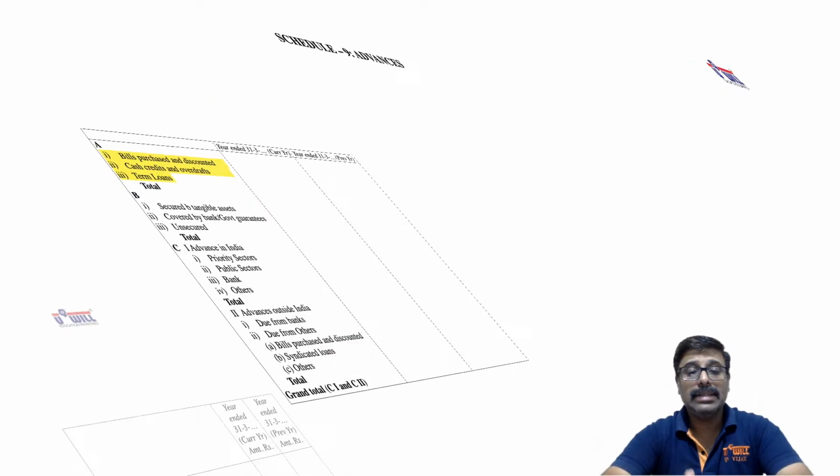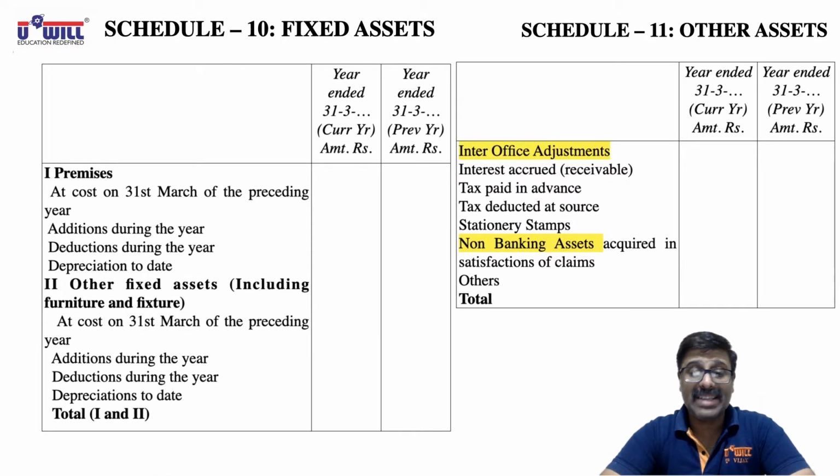Going further, Schedule 10 will include fixed assets. Now for fixed assets, nothing to highlight. We all understand what fixed assets are. Premises means building. Other fixed assets may be furniture, fixtures, vehicles, etc. But generally fixed assets are lesser with a bank because, as I told you earlier, they generally take properties on rent. Furniture, etc. may be there. So premises, how are we supposed to show?